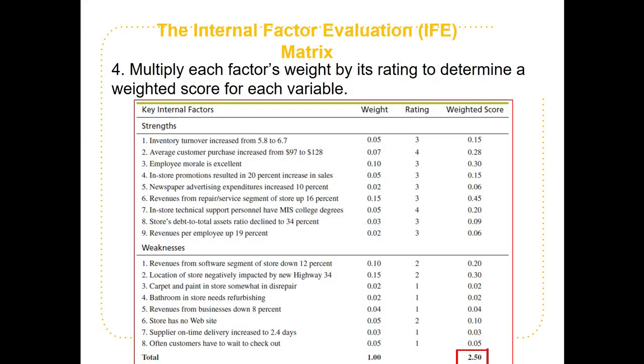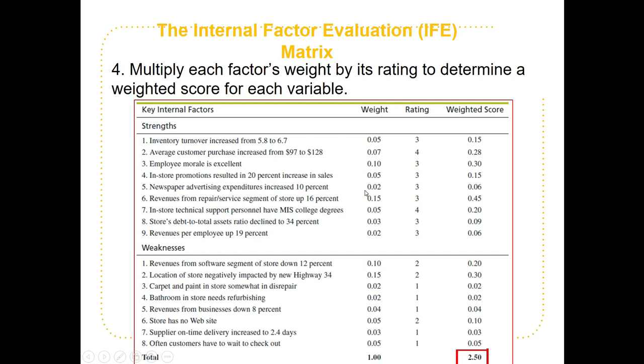So after multiplying each weight by its rating and after determining the weighted score, you now have to compute the total of your weighted scores.